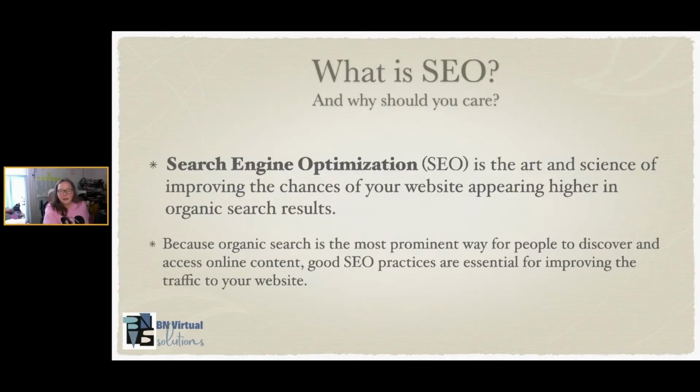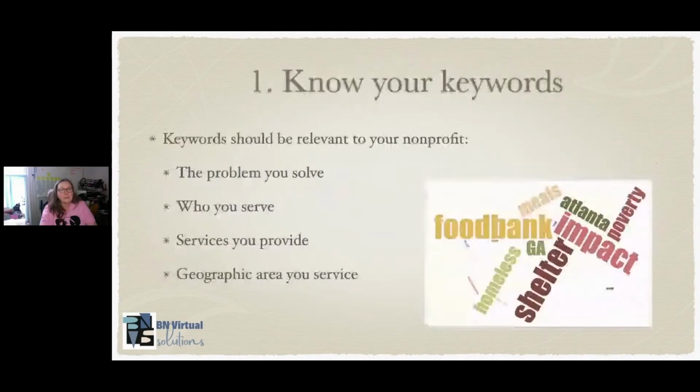The art is making your site look beautiful, as Denise just showed you, and the science is getting the right things on the pages that will help it rank. And why you should care is because people want to find your website and you want to help them find your website.